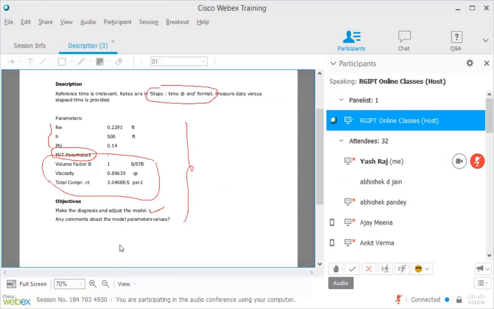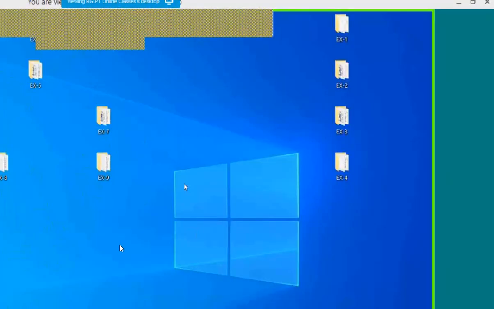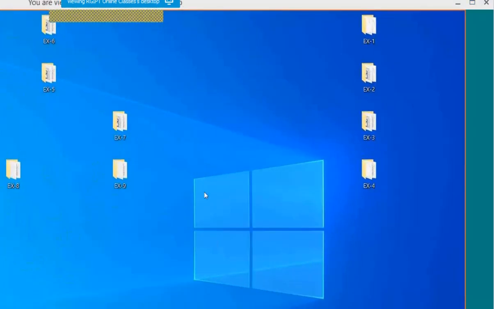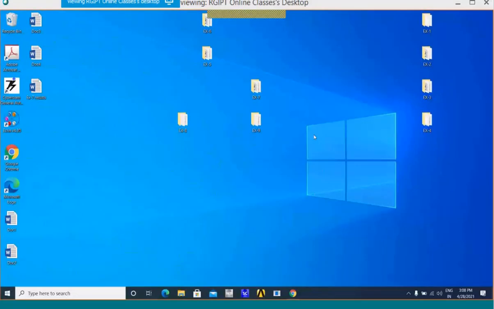There is some problem. Please wait. Yeah, I'm able to share my desktop now. So I'm going to start the Eclipse software. In this, again, I'm going to load the Sapphire model. One minute.